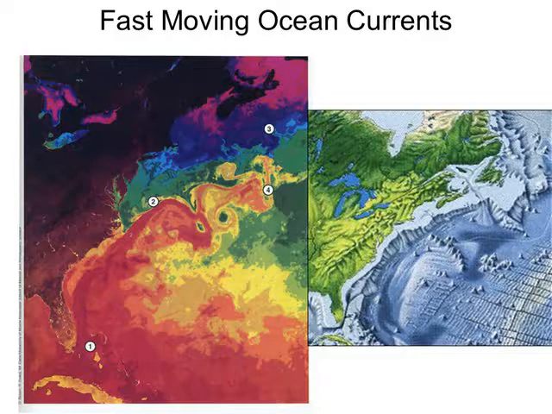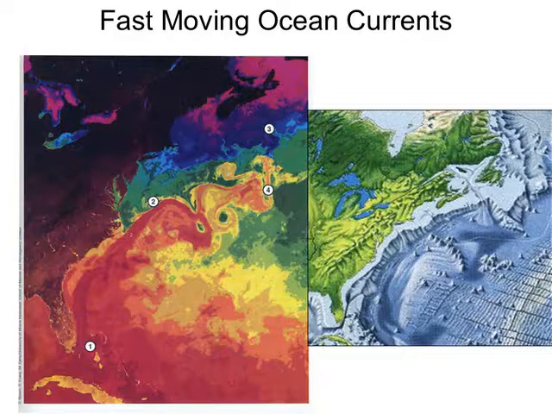So they're basically like little eddies in the ocean, and the water in the middle is cold, and so it allows for nutrients to be pushed towards the equator where it's nutrient poor.